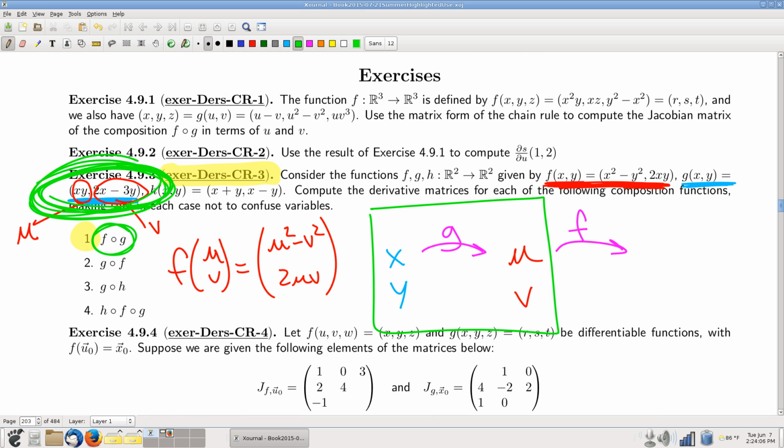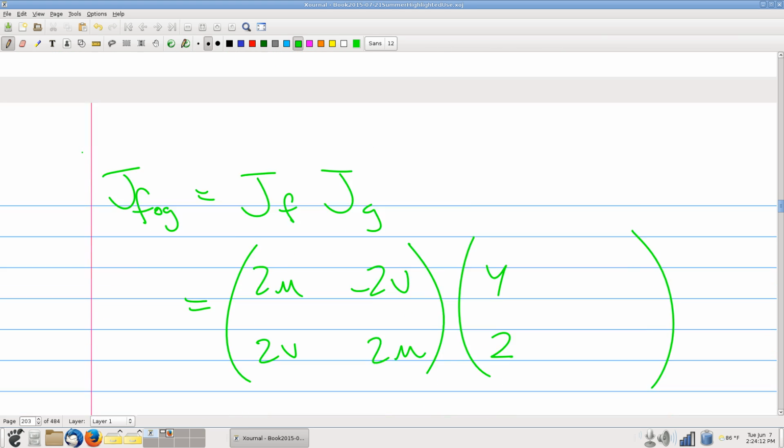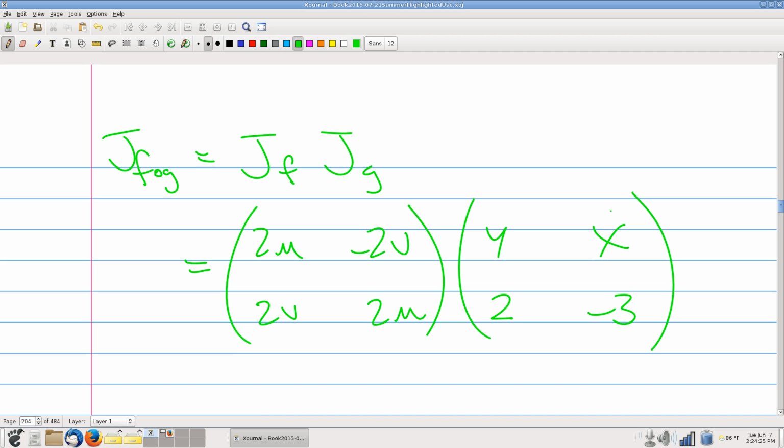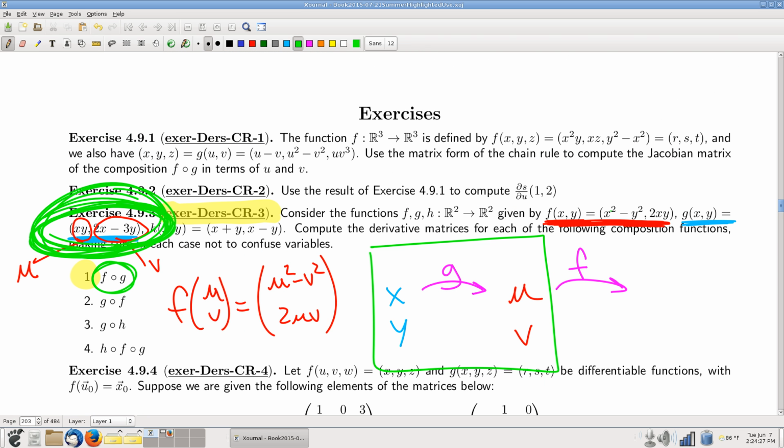And now the Y partials are X and minus 3. And you can multiply this out. Is that cool? Don't forget, you do have to rewrite your variables. I've got a huge mess going up here. Let me clean up my huge mess.